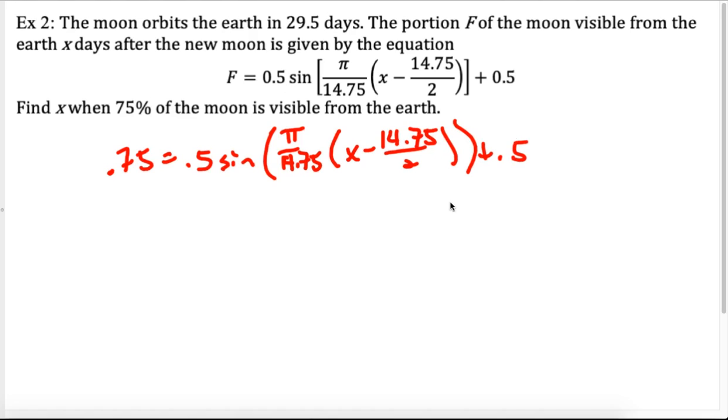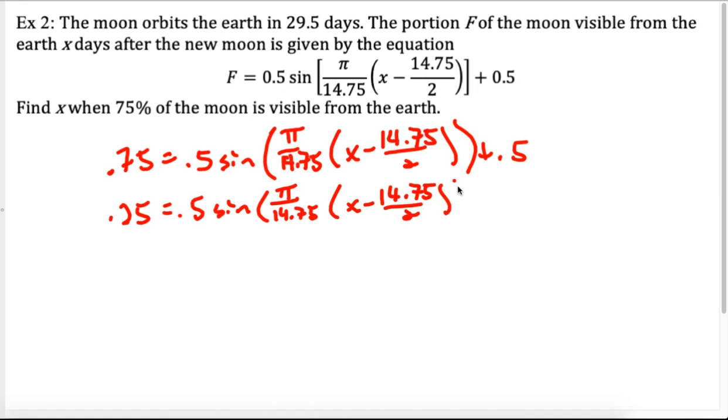So the first thing we need to do is get the trig function by itself. So I'll subtract this 0.5 over. That would give me 0.25. And then divide both sides by 0.5.